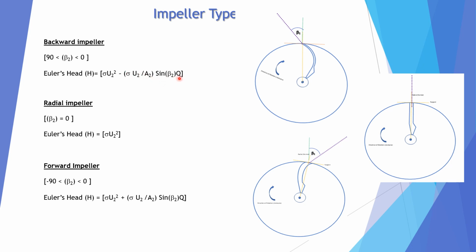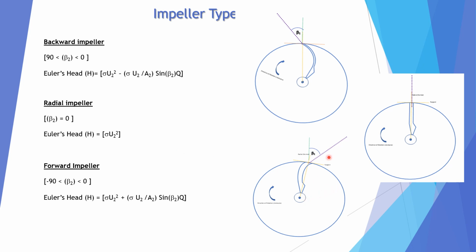So with the increase of Q, H starts decreasing as per this equation, because this term starts increasing, so this whole term will be decreasing. When beta 2 is 0, that is radial, Q is not there in the equation, so it does not depend on Q, so it remains constant for variation of the flow.